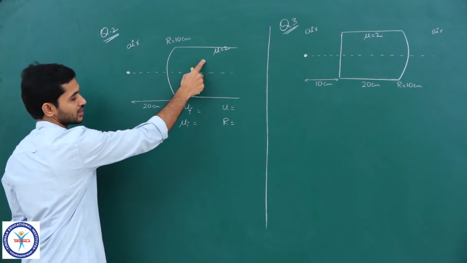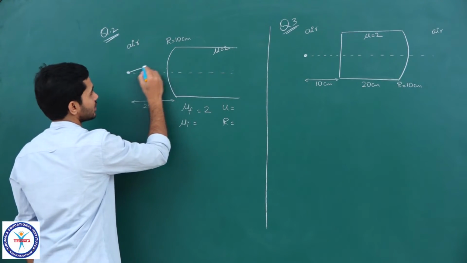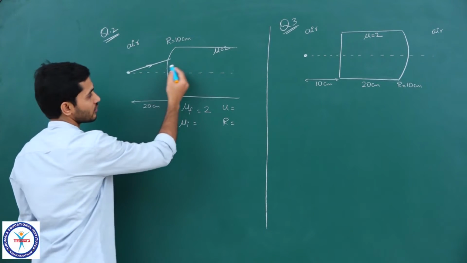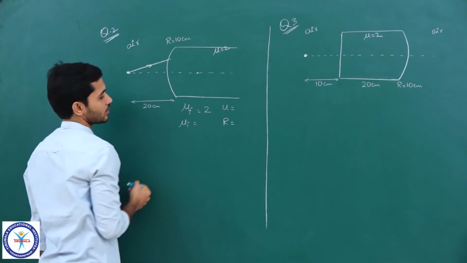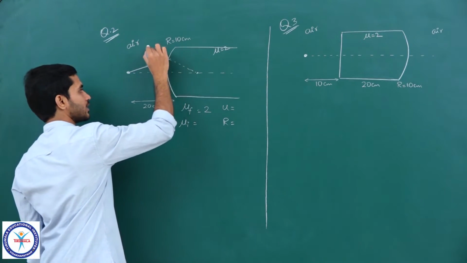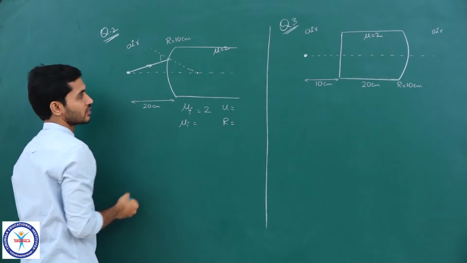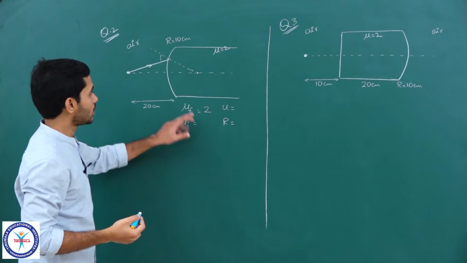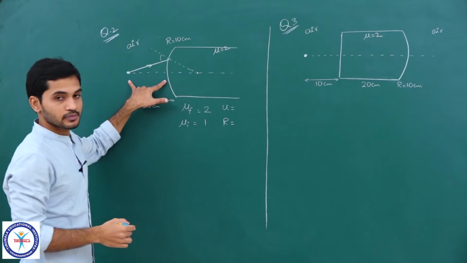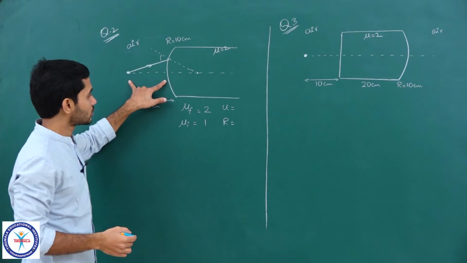So, mu final is this 2. Light is travelling, it strikes the interface in this manner, right. So, center of curvature would be somewhere over here, let us say. If I draw a normal, this would be the angle of incidence. Anyways, mu initial is 1, the initial medium. Object distance is 20, right.